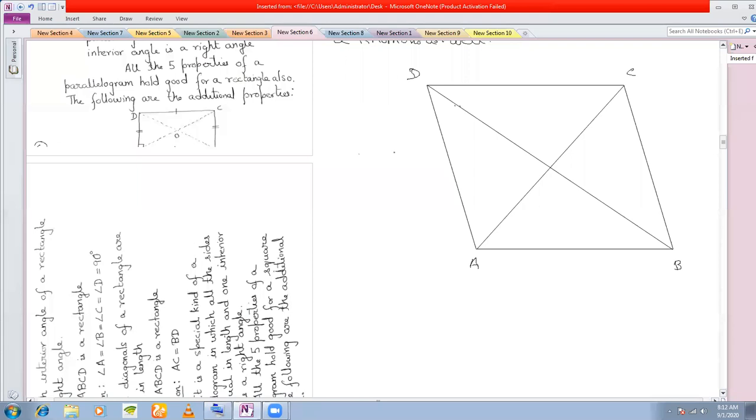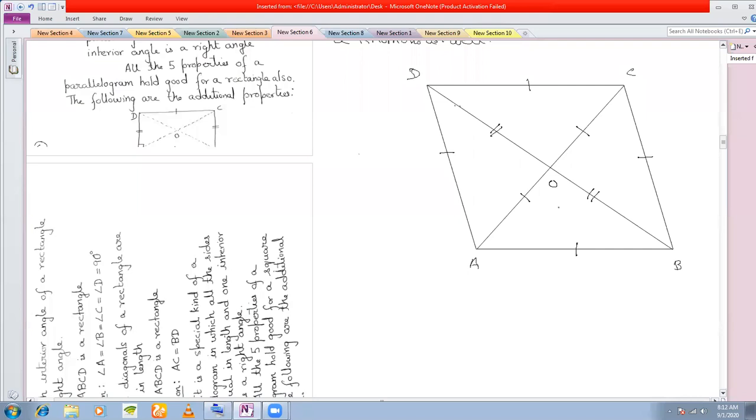Then according to this property, if I give you the fact that ABCD is a rhombus, then you can say that the diagonals are perpendicular bisectors of each other. That is, you can conclude that OA is equal to OC, OD is equal to OB.